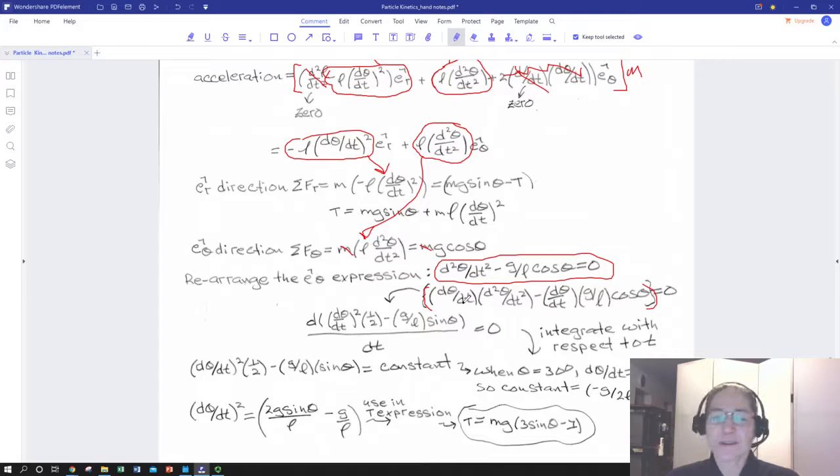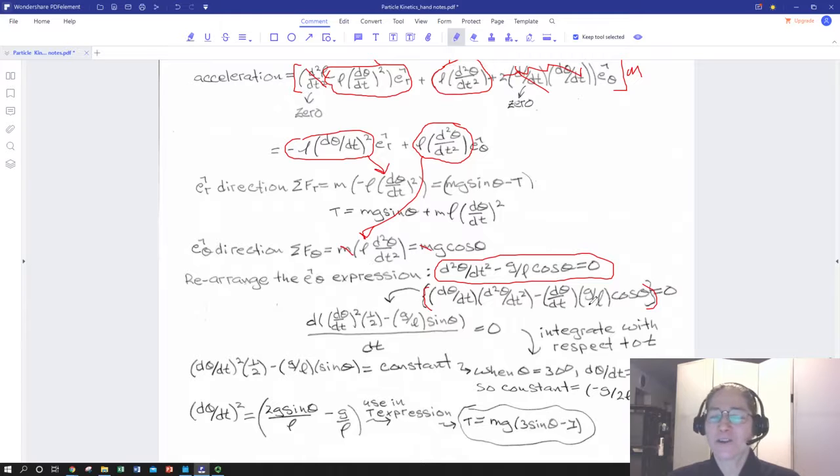So we're kind of using some very basic calculus substitution, kind of chain rule concepts here and say, well, if I had d theta dt squared and I took the derivative of it and I multiplied it by 1/2, the 2 and the squared would come down and give me a 1. I'd end up with d theta dt, and then of course I'd have to take the time derivative of d theta dt, which would give me d squared theta dt squared.